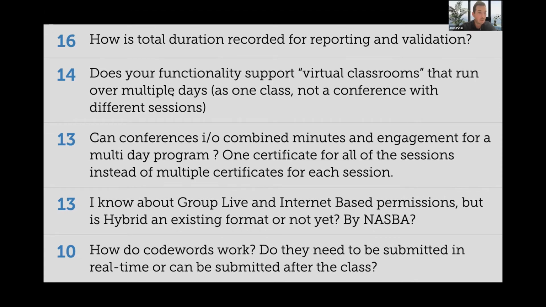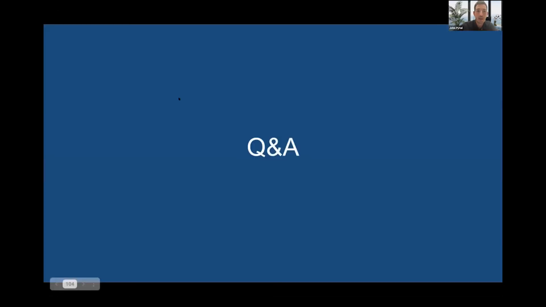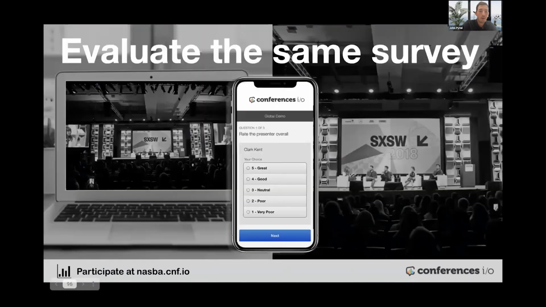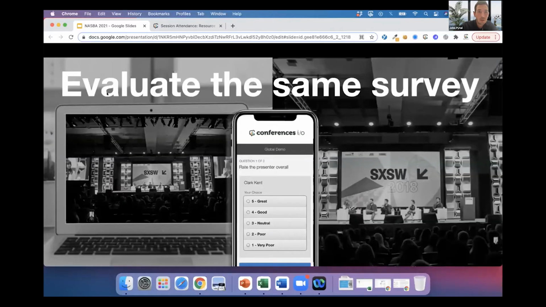This one's fairly easy. Conference style, combined engagement for a multi-day program: one certificate for all the sessions instead of multiple certificates for each. Yep, absolutely. Actually, on this example, let me jump back up.